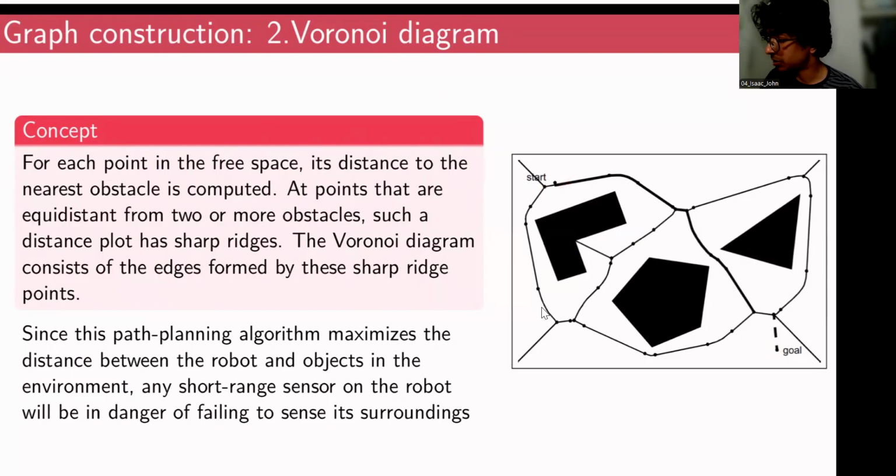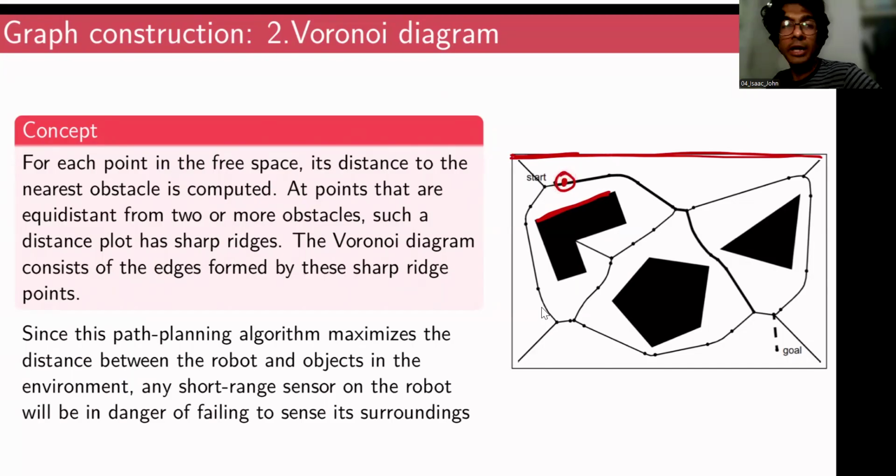If I highlight this position, the two obstacles that are very near are this corner or edge of this obstacle, and this, if you consider this to be the boundary wall of the map. These two are the obstacles that are close to the robot when the robot is at this location.